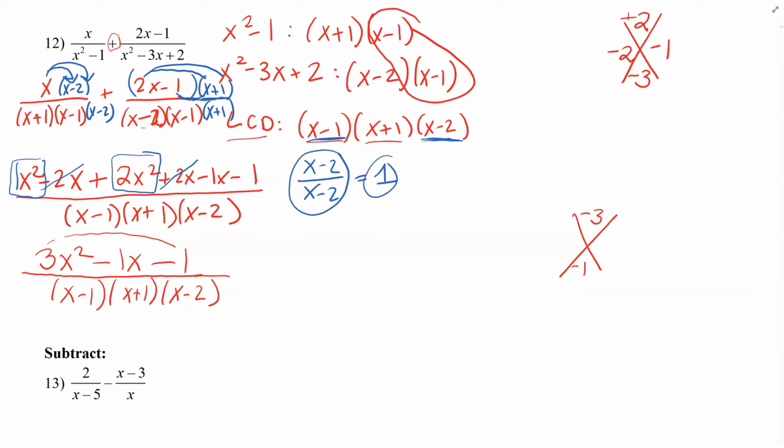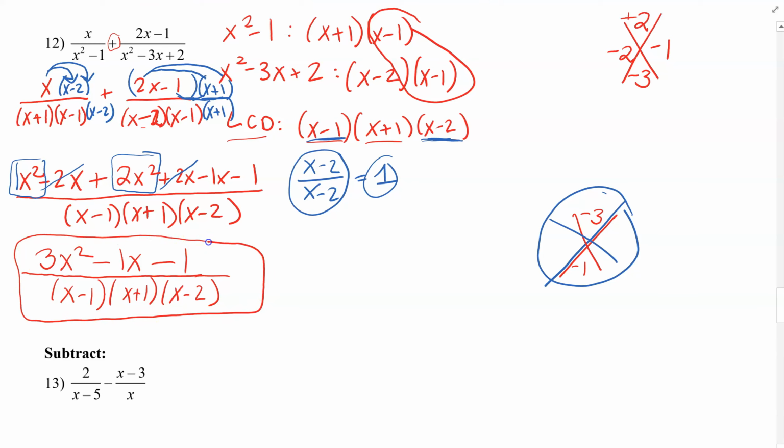And it looks like that's just not going to work, right? The only factors of negative 3 are negative 3 and 1, but that would add to negative 2. So this won't factor, which means this is the simplest form of the final answer. So this 3x squared minus 1x minus 1 all over x minus 1 times x plus 1 times x minus 2 is my final answer.